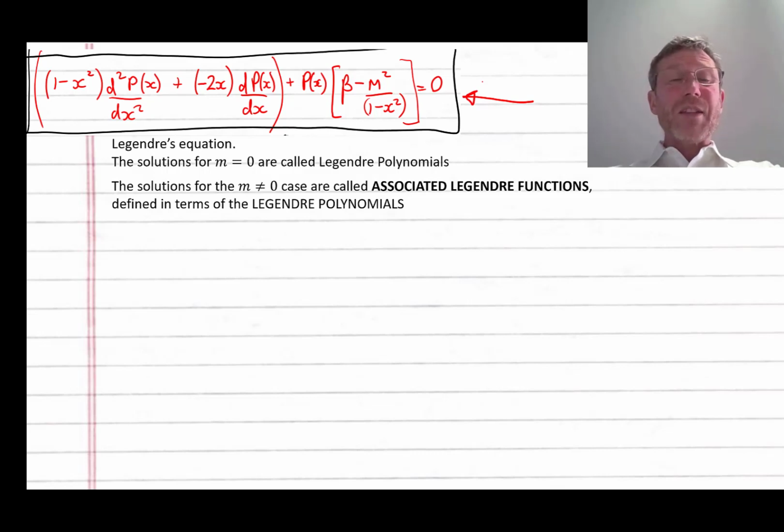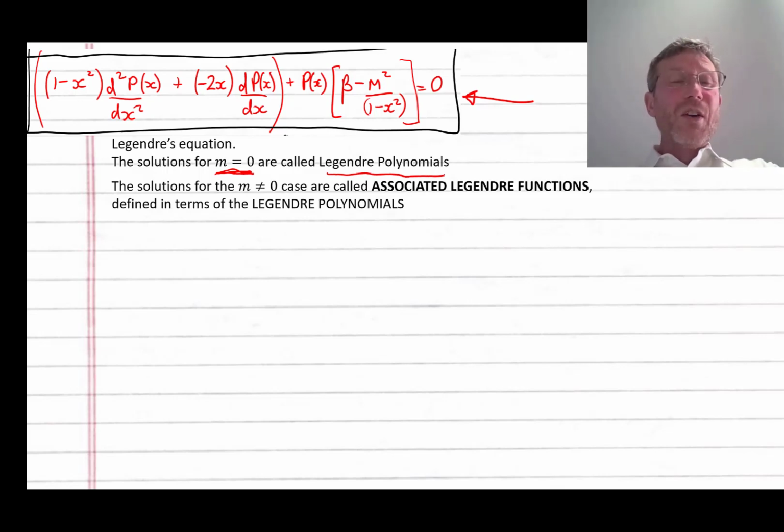So we had a theta expression. We wrote that down in terms of Legendre's equation, which I said was a well-known equation in classical physics. I put forward the solutions for m equal to 0 in here. These were called the Legendre polynomials.